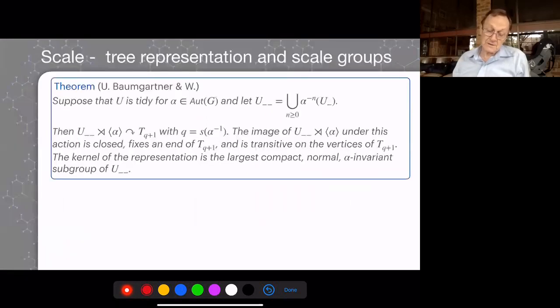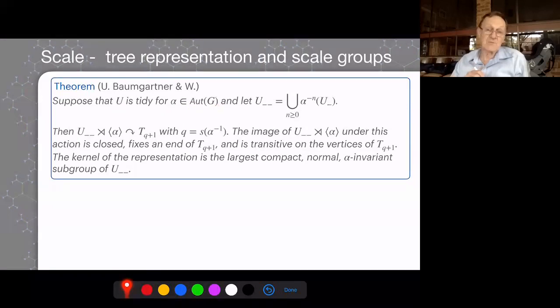So here the relevant theorem is the following one. So we suppose now that we have some compact open subgroup U that's tidy for an automorphism now. So this is a statement for automorphisms, not for endomorphisms. There is a statement for endomorphisms, but it's a bit more complicated, and so I'll just stick with automorphisms here.